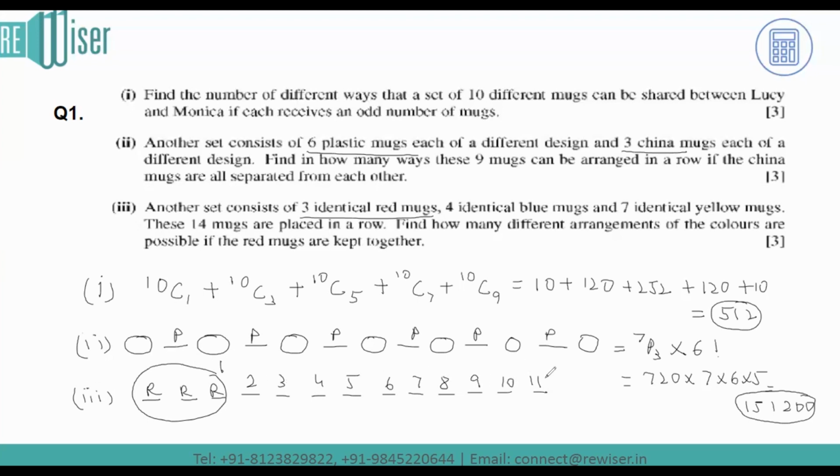So in total with this, if we consider this as one unit, they can be arranged in 12 factorial ways. Now they have already said that the 4 blue marks and 7 yellow marks are identical, so it will be divided by 4 factorial into 7 factorial. So my answer to this will be 3960. Thank you.